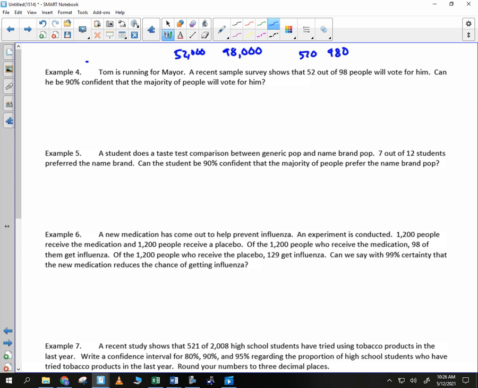Now, the important part says that his level of confidence is 90%. So what we need to do is see, does this map to 90% confidence? And what we do is we draw our little sketch from yesterday.